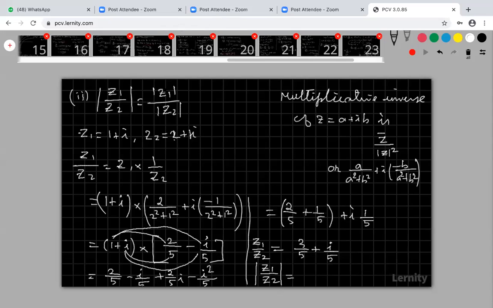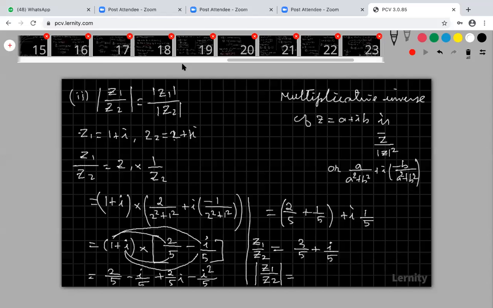Where, Kanna? Arshini. Arshini, see this. I'm going to take this complex number. I'm going to find out the multiplicative inverse of this z2 only. So 2 plus i means here 1 is there. So this is my a, this is my b. a plus ib, compare these two. What is your b?